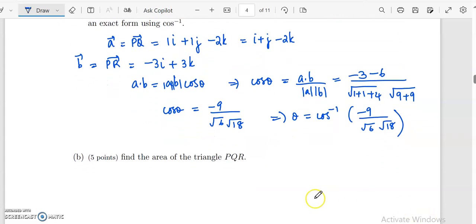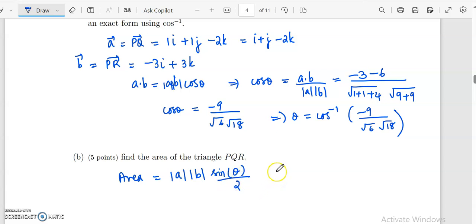Now using this we need to find the area of triangle PQR. Now if we have two sides and an angle is given, then the area will be equal to length of PQ into length of PR into sine theta by 2, that is mod A into mod B into sine theta by 2.